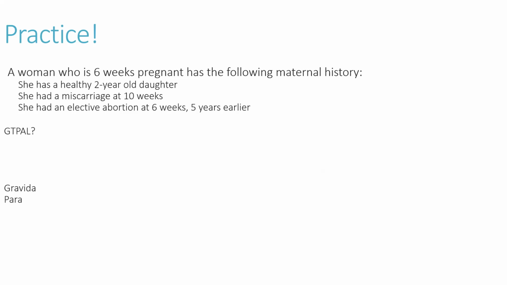G3. Guys, actually four. She's pregnant already. She's had a daughter. She had a miscarriage and she had an abortion. So that would actually be 4. What would our T be, guys? It would be 1.